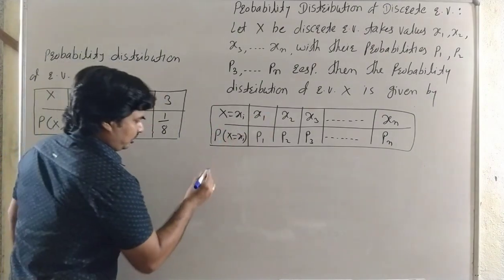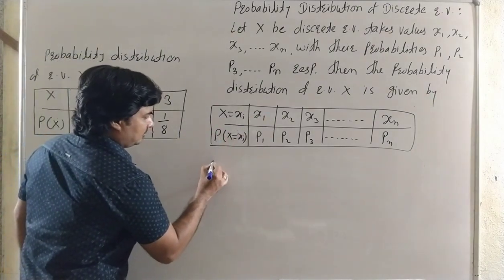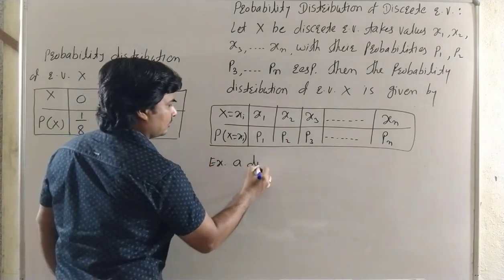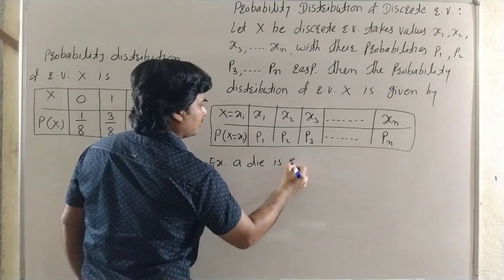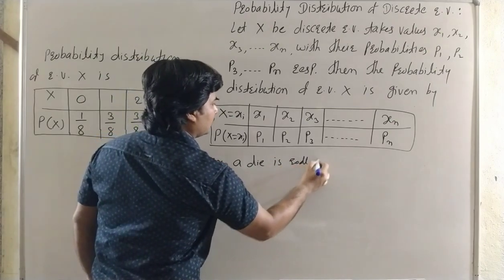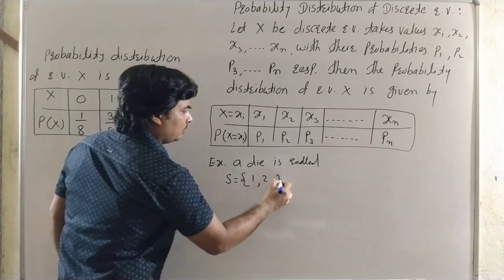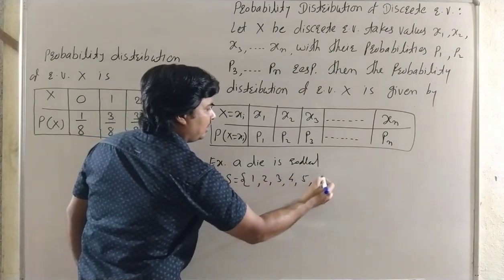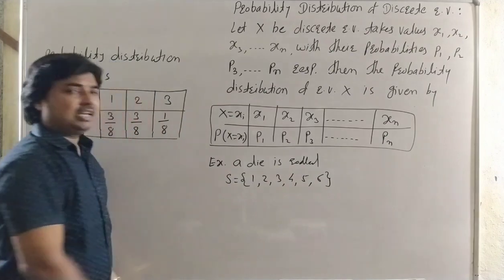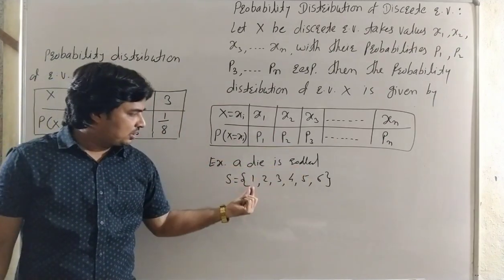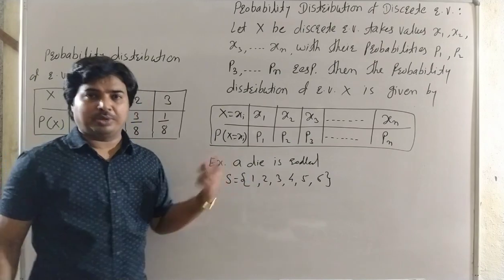We take a die is rolled. Then the total outcomes are 1, 2, 3, 4, 5 and 6. Here a die is rolled, and these are all the possible outcomes, that means the number appearing on the uppermost face.